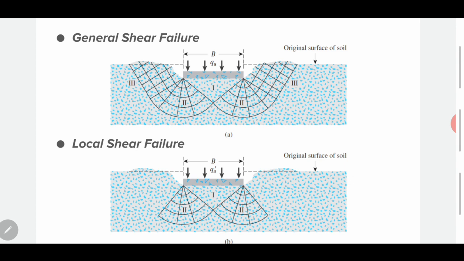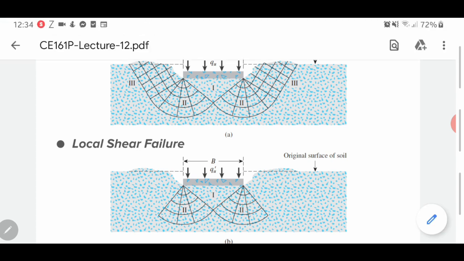So if you can see, the failure is divided into three regions. So 1, 2, and 3. So yung 1, the one directly below the foundation, and 2 is the region 2, and then region 3 is the one going upward.